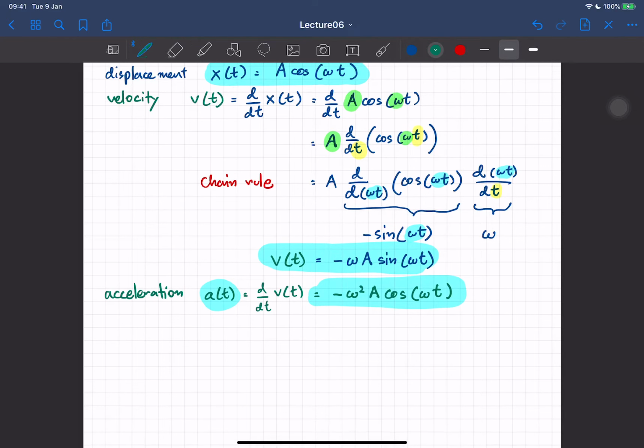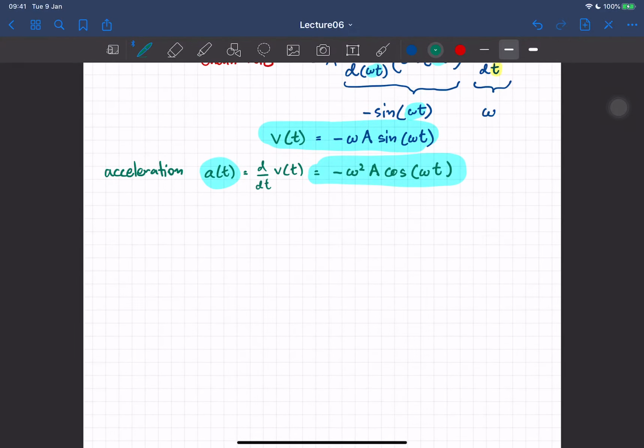All right. So I'm going to write back to back the expression for acceleration, which is here. And then I'm going to copy the one for displacement up there down here. X of t equal to A cosine omega t.